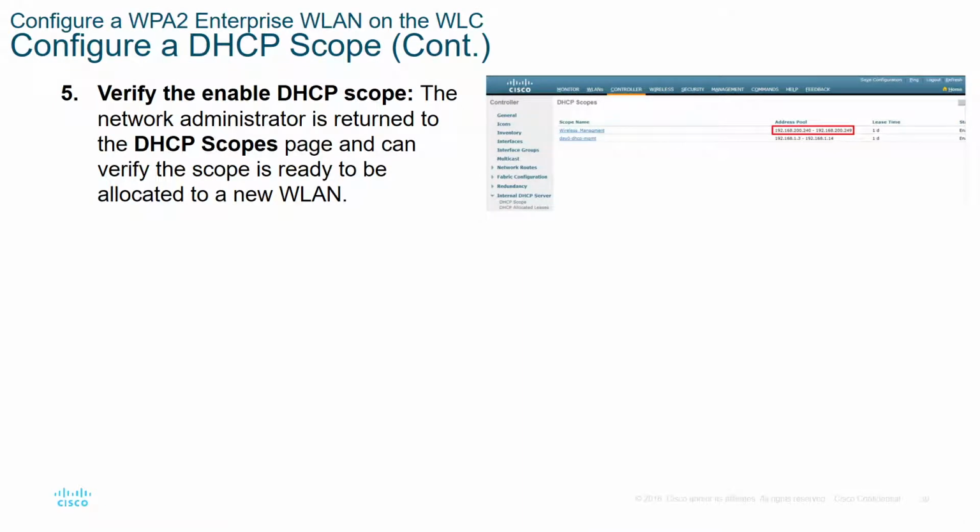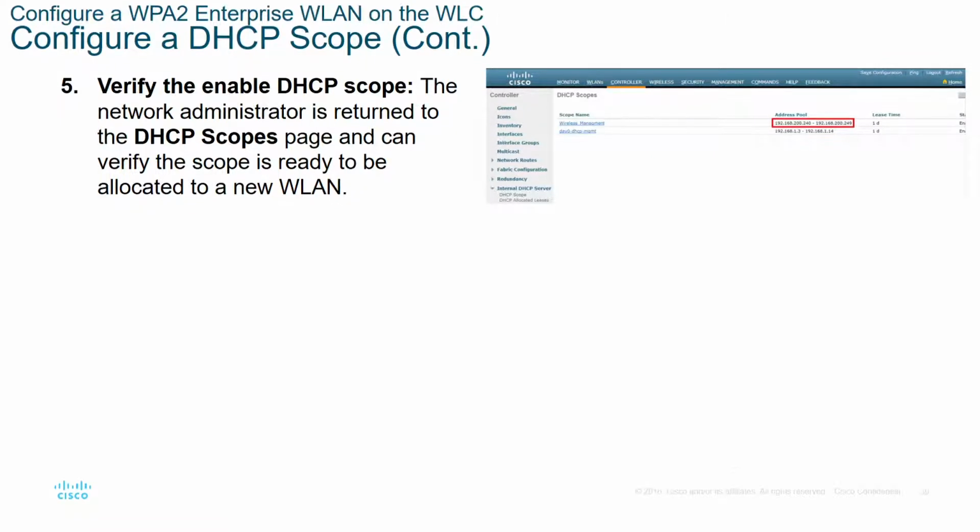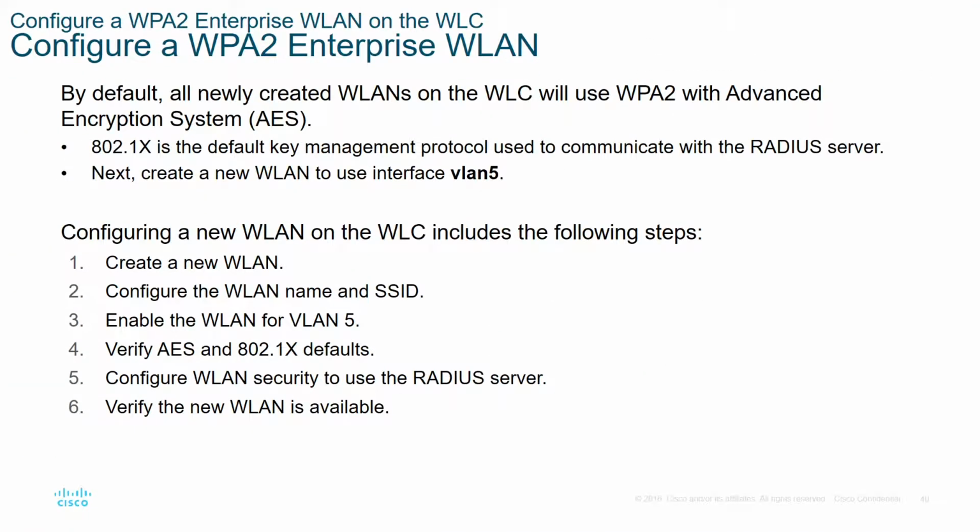Verifying the enabled DHCP scope, the network administrator is returned to the DHCP Scopes page and can verify the scope is ready to be allocated to a new WLAN. By default, all newly created WLANs on the WLC will use WPA2 with Advanced Encryption Standard, AES. 802.1x is the default key management protocol used to communicate with the RADIUS server. Next, create a new WLAN to use interface VLAN 5.